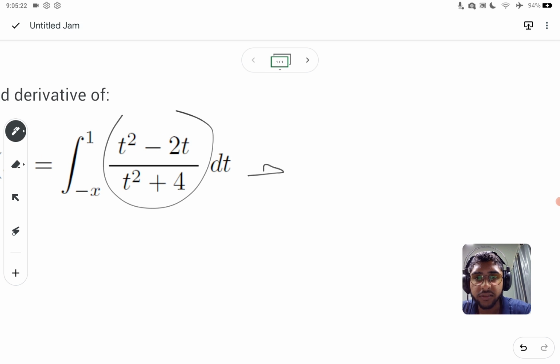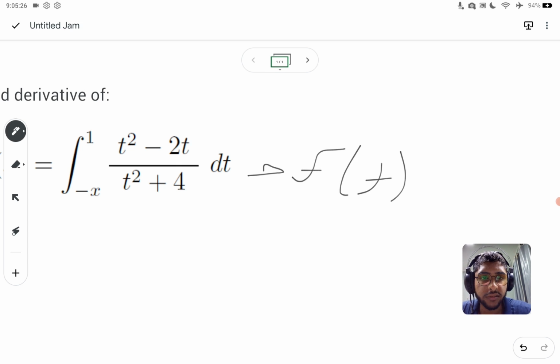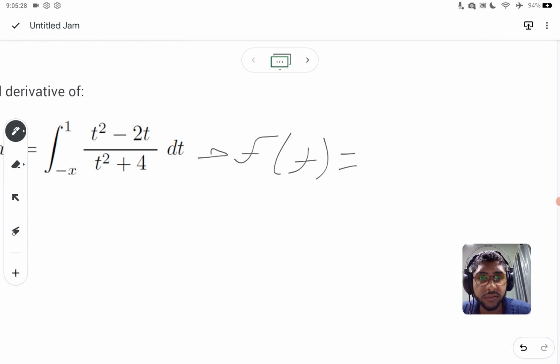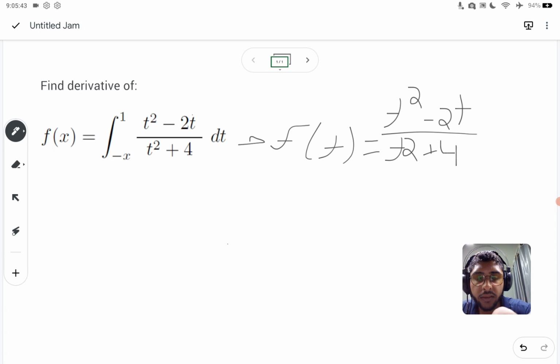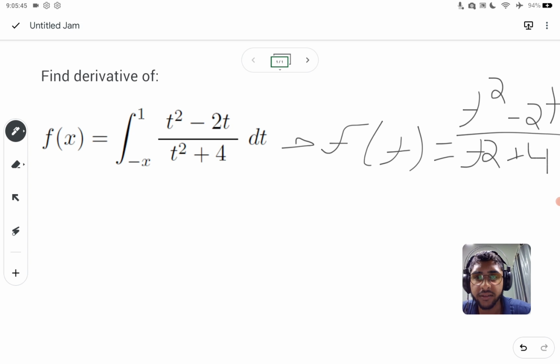Calling this function f of t, it is equal to t squared minus 2t over t squared plus 4. What we can do there is find the derivative of f(x).